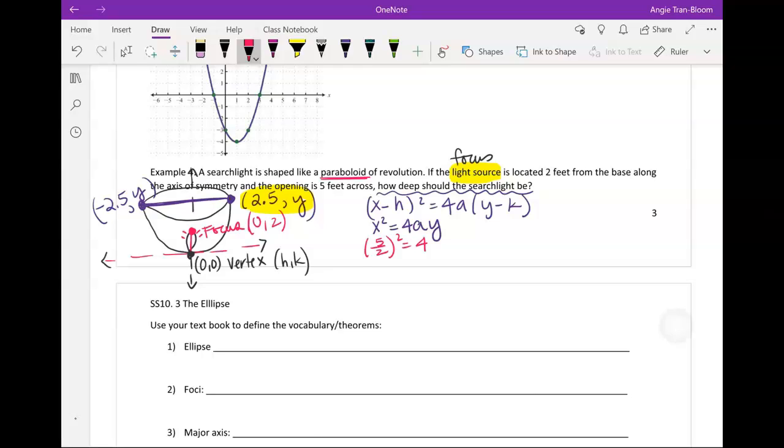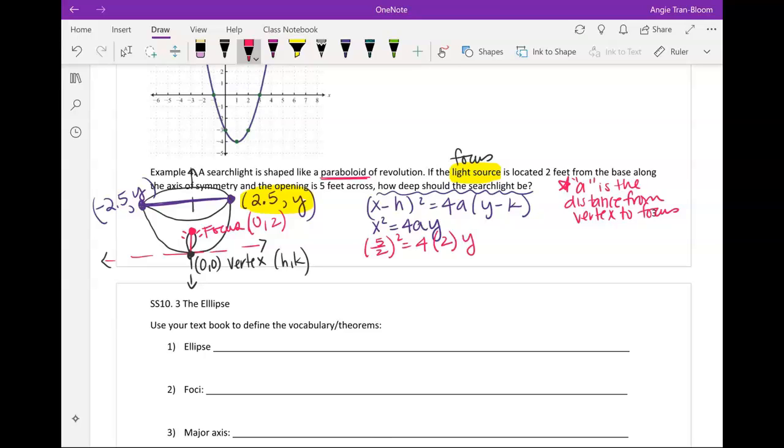A, so let's remember, a is the distance from vertex to focus, or vertex to the directrix. So remember that. Since we have the focus, a happens to be 2 feet. So plug that in and we're solving for y.